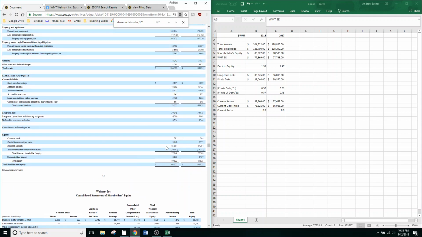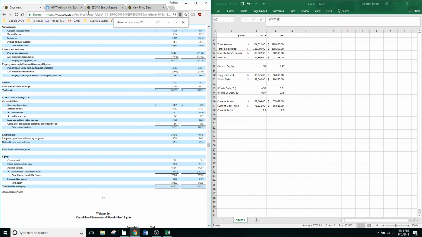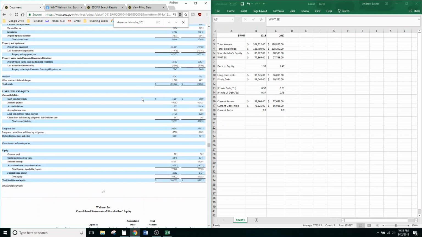I mean, it wouldn't make sense to me to just exclude it and calculate it as its own shareholders equity, ignoring that. It just doesn't make sense to me.